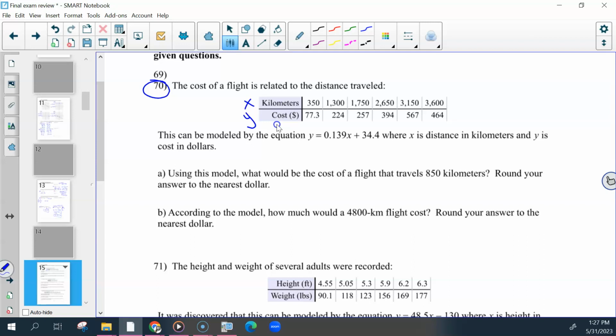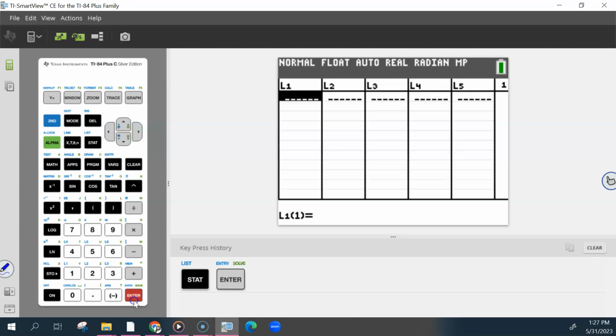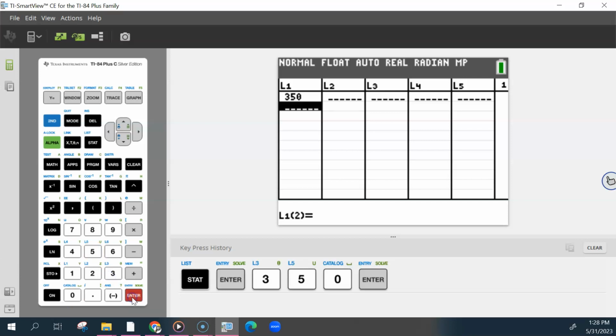In your calculator, you're going to go into stat, into edit, so 1 or enter, and then you're going to put in your x and y values into this. As you start putting the numbers in, you can either type in the number and hit enter, or you can type in the number and do the down arrow, either or.